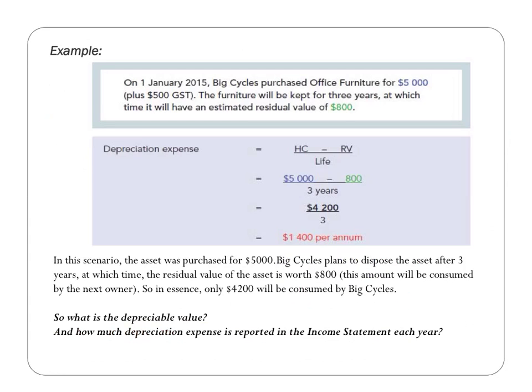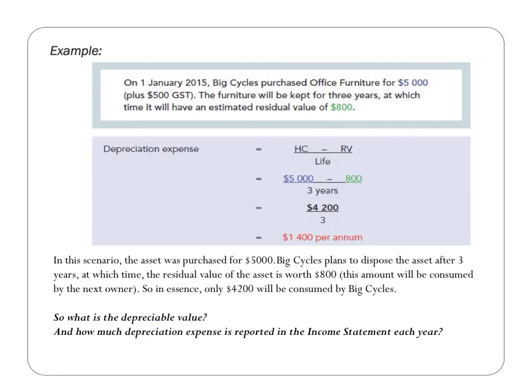All right. Let's have a look at an example from your textbook. On 1st January 2015, Big Cycles purchased office furniture for $5,000 plus $500 GST. The furniture will be kept for 3 years, at which time it will have an estimated residual value of $800. If we want to work out the depreciation expense, we just apply the formula.